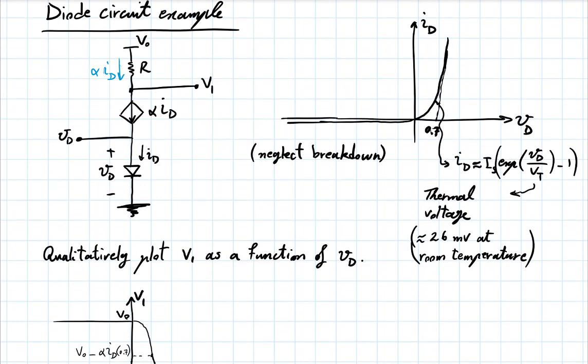So I go from 0.7 to 0.8, 0.9, 1.5 volts, 2 volts, 10 volts, 100 volts. What happens if VD is 100 volts? That's a trick question. You should not go as high as that, right? So don't go much beyond 0.7.